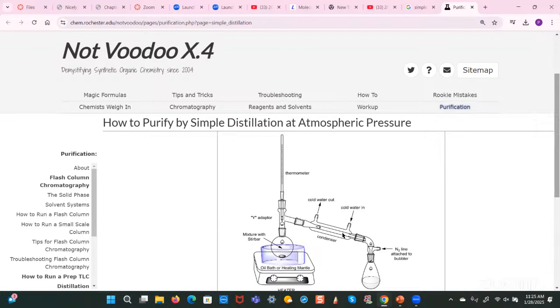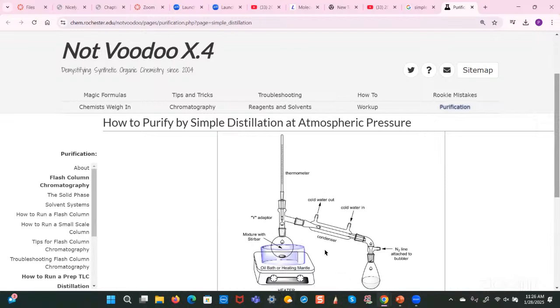I'm going to say more about that. And then you have this here, I forgot the name of this adapter, but basically this adapter guides the condensed liquid into your container. This can be a flask or a beaker or something, right? This here, where it talks about nitrogen line, not necessary in all cases, but this is basically the setup.